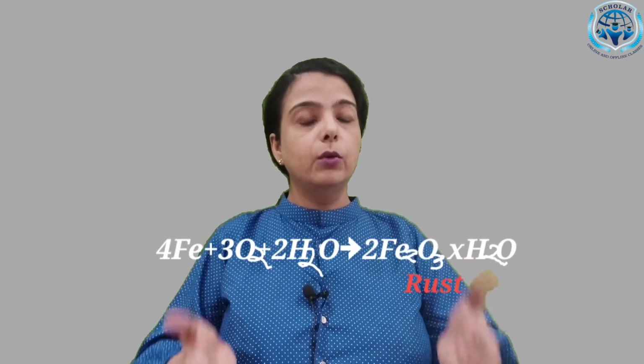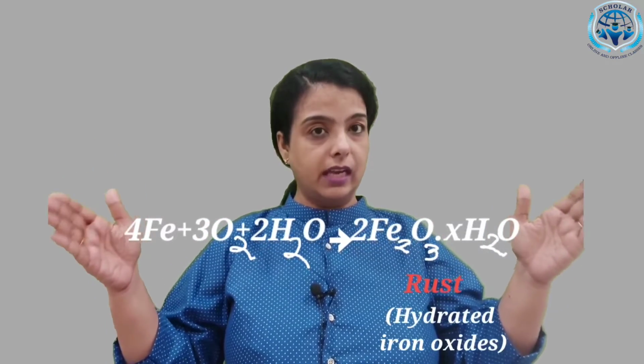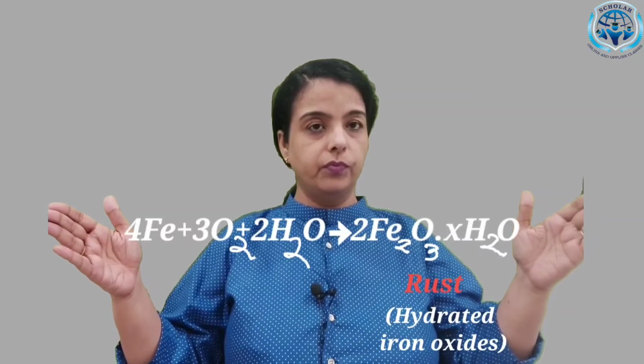Here rust is a new substance, so it is a chemical change. As the process of rusting continues, iron eventually loses its strength. Rusting does not occur in dry air. So the presence of water is very necessary for rusting to occur.